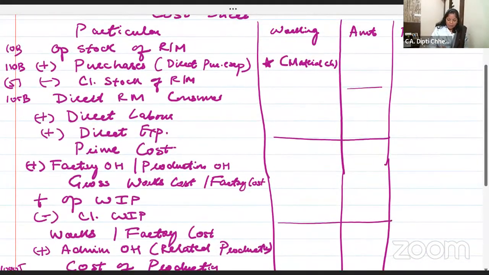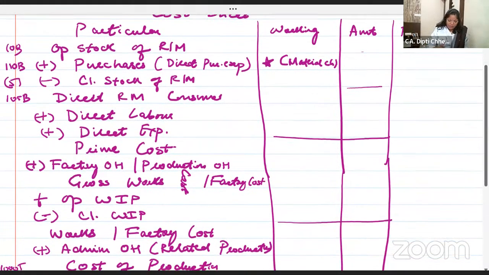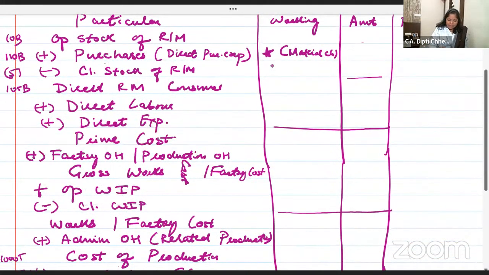Come, look with me again. Particulars. Working, if some calculation is required. Amount per unit only if they say in the exam, or percentage. Now, opening stock of raw material plus purchases minus closing stock is direct raw material consumed. Nothing given.